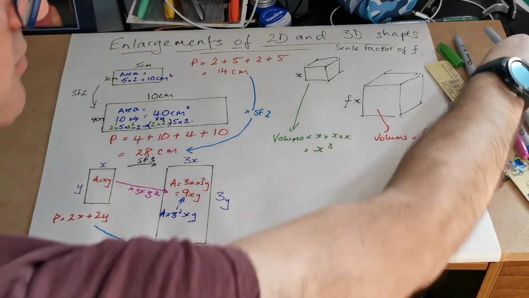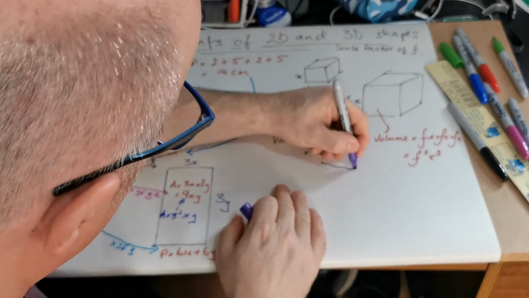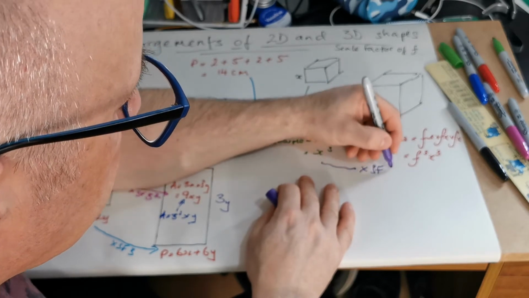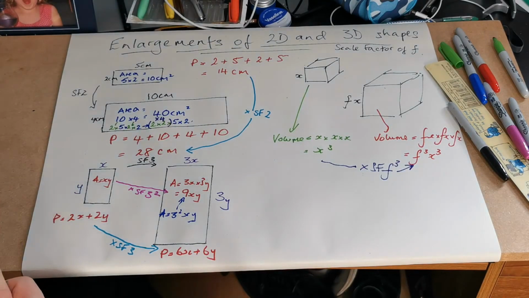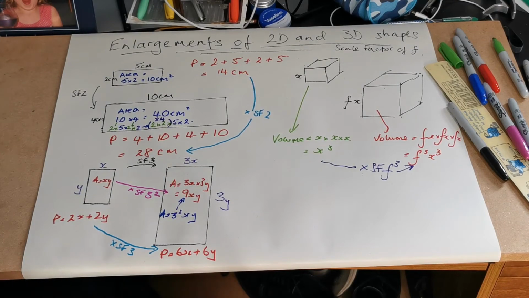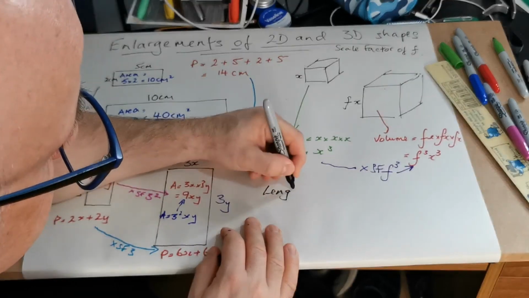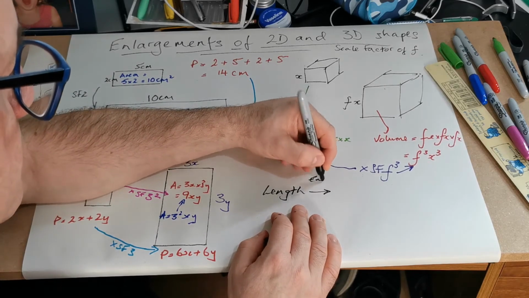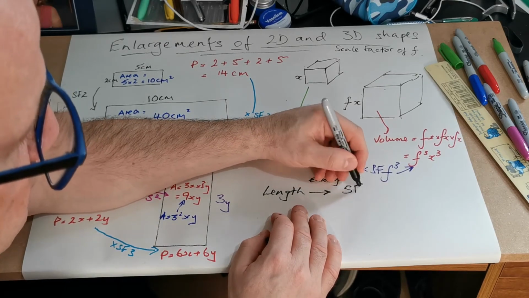So the volumes, by comparison, if I look at the volumes, it's times by a scale factor of f cubed, it's because we're working in 3 dimensions. So anything to do with length, if you enlarge, you use the same scale factor.